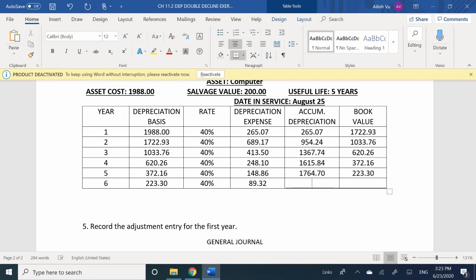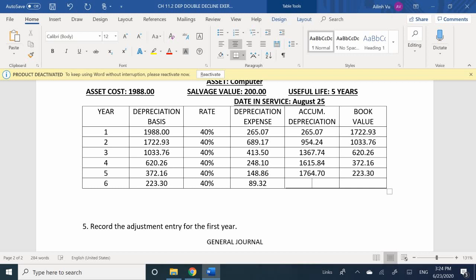But we're not doing it for the whole year. We're only doing two-thirds of the year, so it's for 8 months. You said 8 months out of 12.